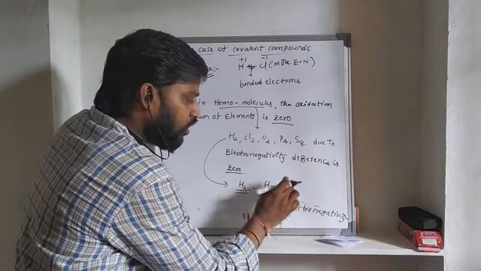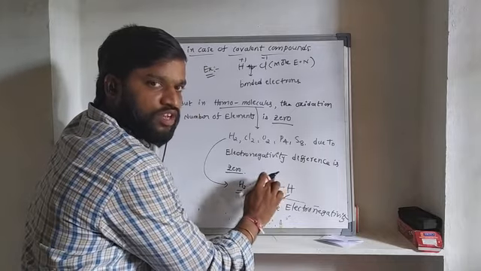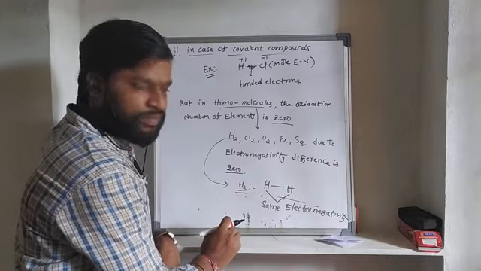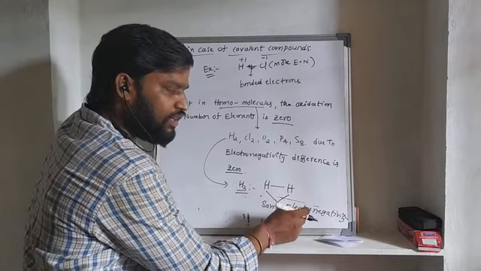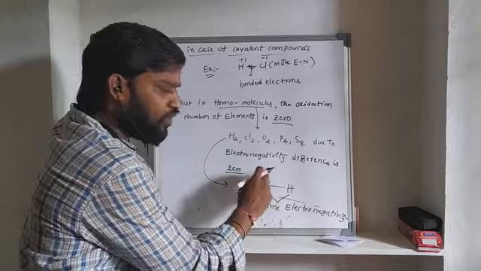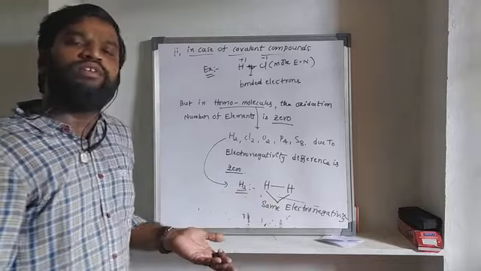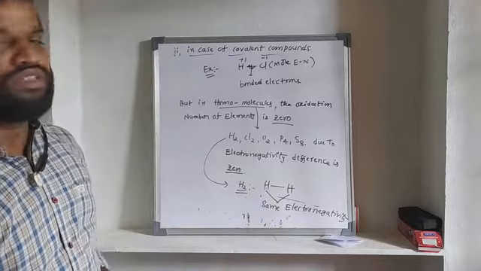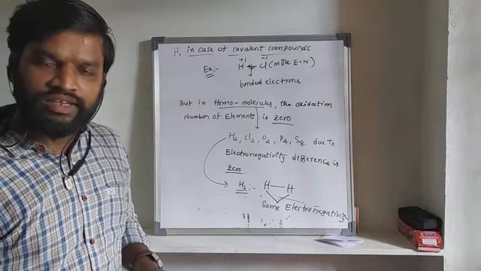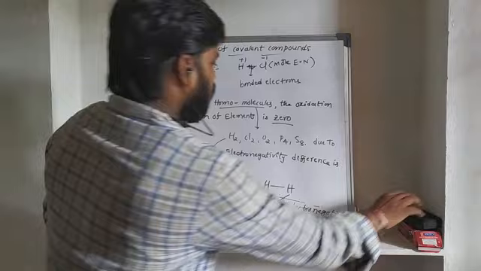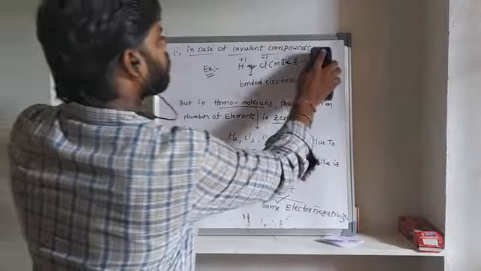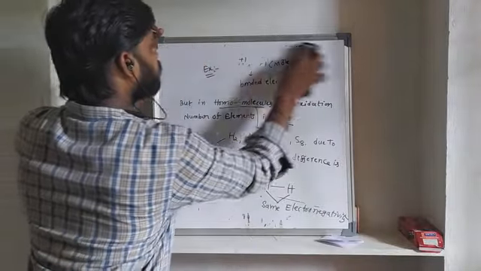That's why no charges are developed on the atoms of the element. These are similar elements having the same electronegativity. That's why in homomolecules the oxidation number of an element is always 0. Okay, understood? Next, oxygen, another common point.